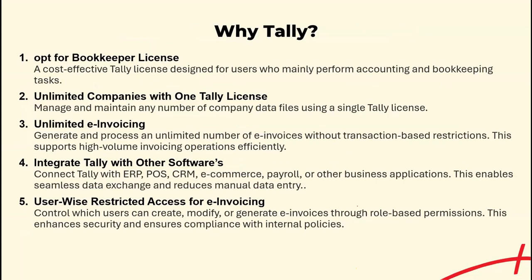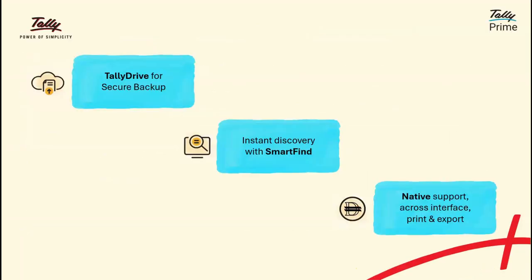Now a question is coming. Okay, now, see the 7.1. Hope you are using 7.0. If not, just to inform you that we have Tally Drive where you can take the backup over the cloud. Tally is giving free cloud backup.